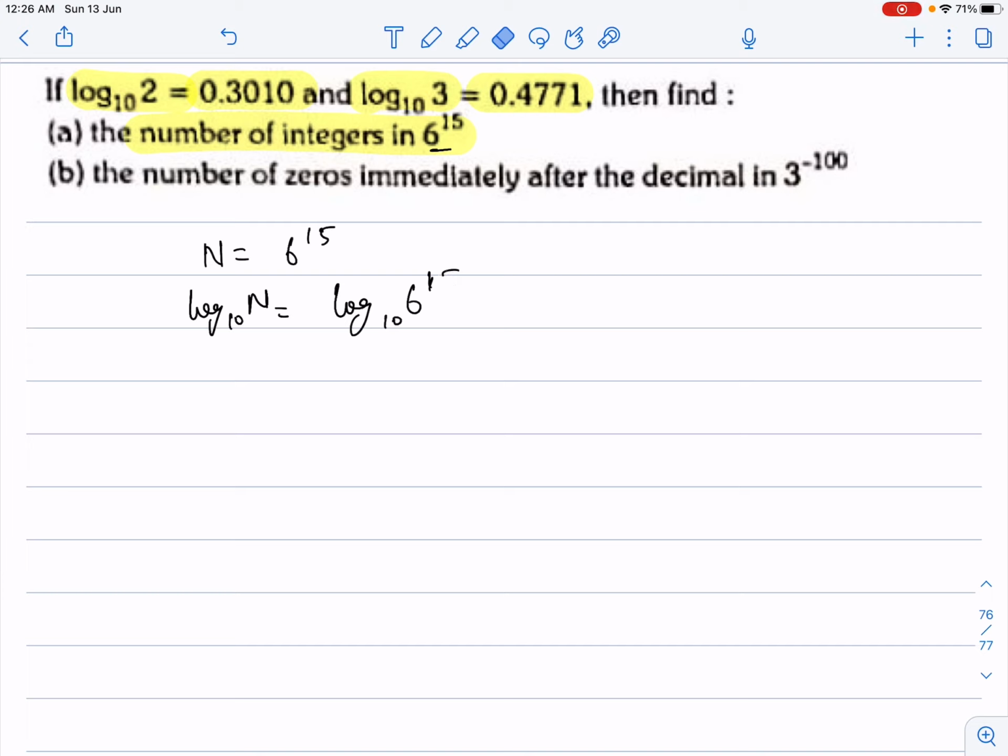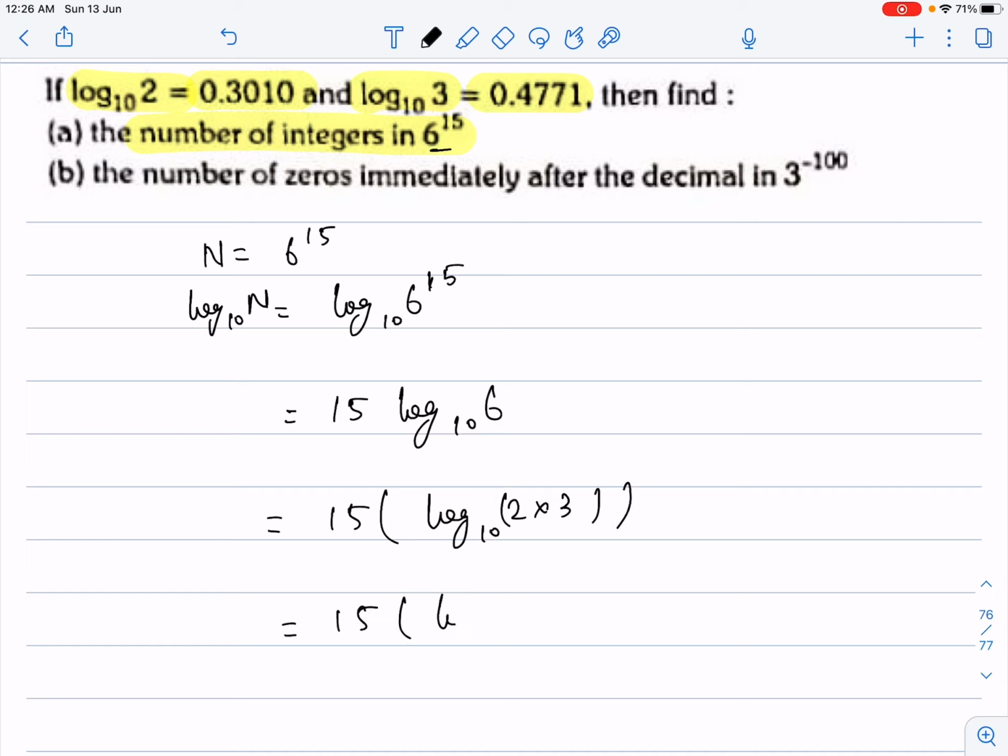Now my dear students, converse of power rule we are knowing that 15 will be coming in front of it. So it will be written like 15 times log of 6 base 10. Then 15 times log of 2 multiplied by 3 base 10. Then 15 times log of 2 base 10 plus log of 3 base 10.